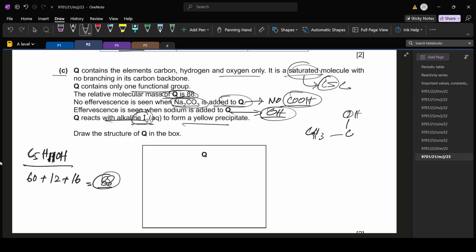Okay, so it means this is pentanol. Now let's draw its structure. It's actually going to be like this: 1, 2, 3, 4, 5, and OH is attached on this second carbon. Okay, so this is your structure of Q.